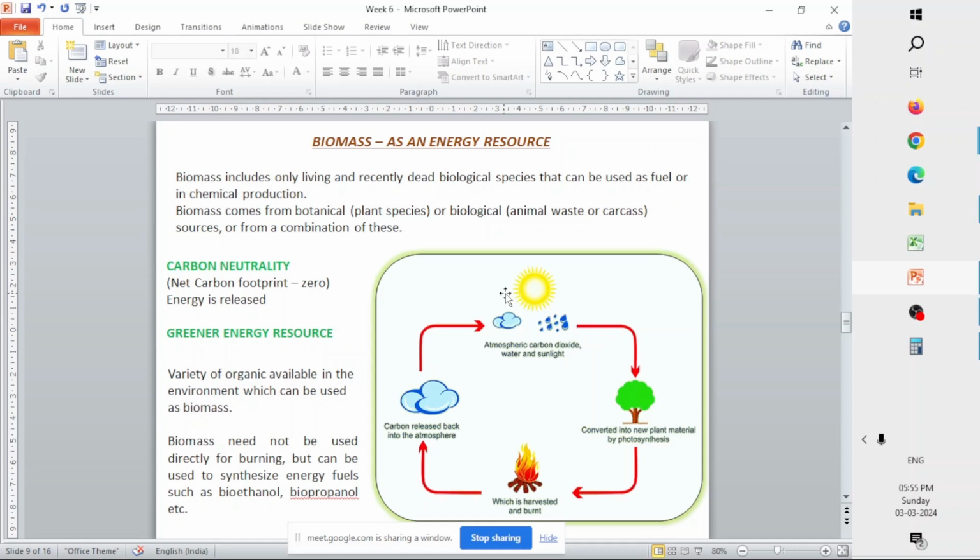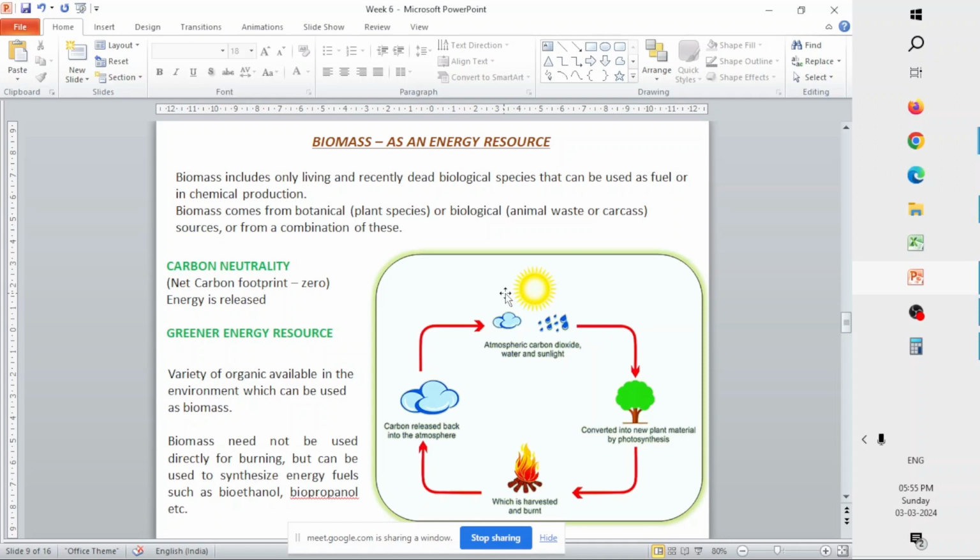It undergoes a complex process, and what we obtain is the carbohydrate or glucose in its simplest form, and the oxygen is released out. This glucose is stored in the plants, and this forms the biomass of the plants.